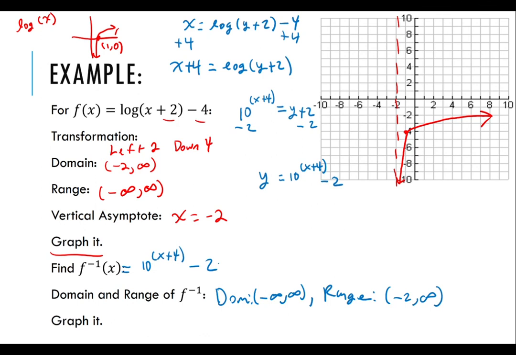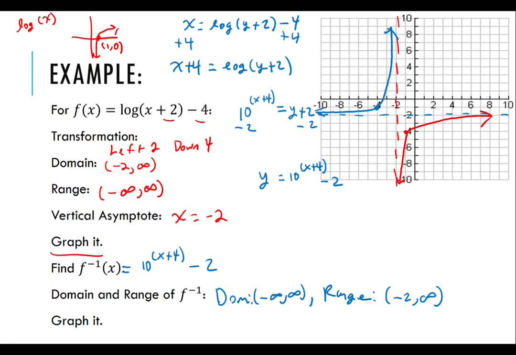Then if we want to graph this exponential function, remember that it has a horizontal asymptote shifted down to negative 2, and so we get this. And then we had that original point that would have been at (1, 0), but is now shifted down 2 and left 4. And so if I were to graph this exponential function, it will look about like this.